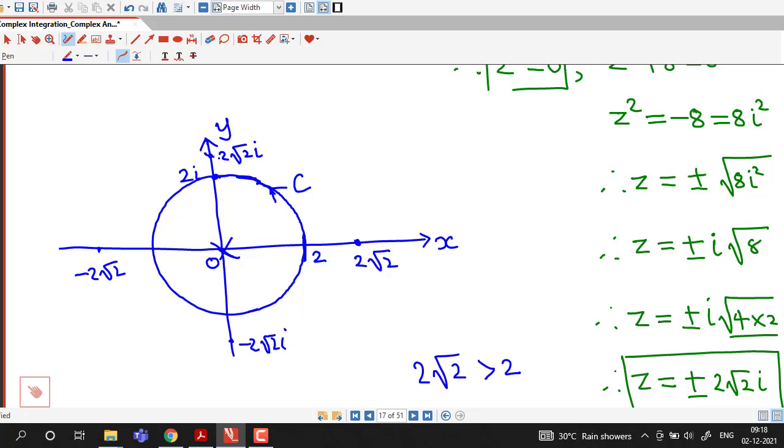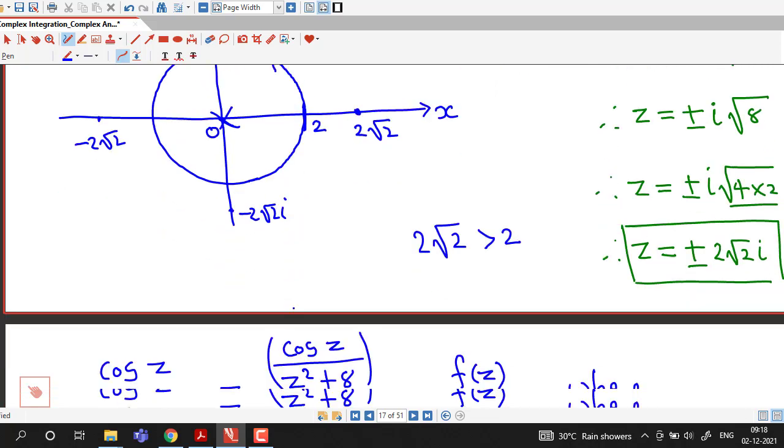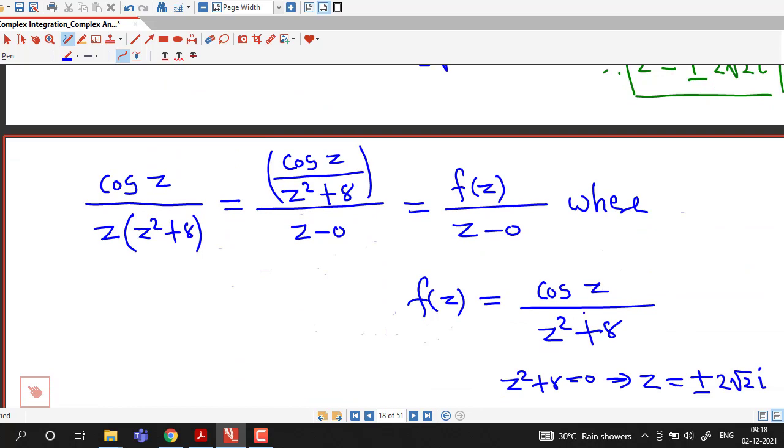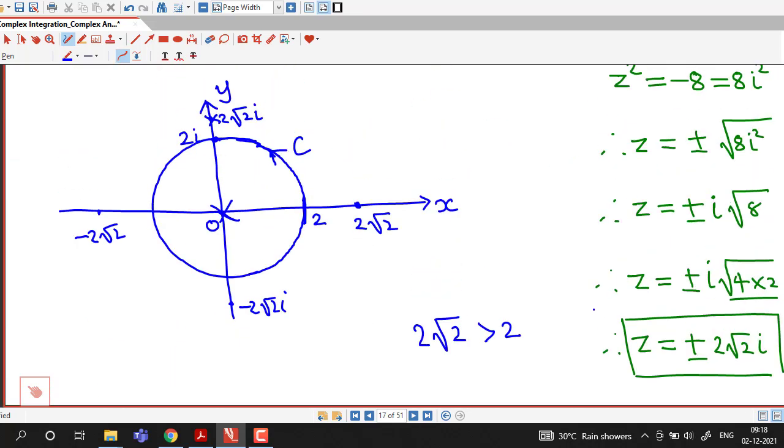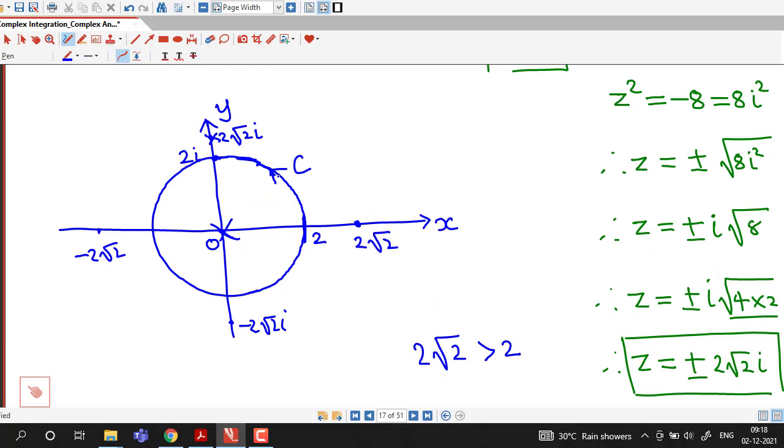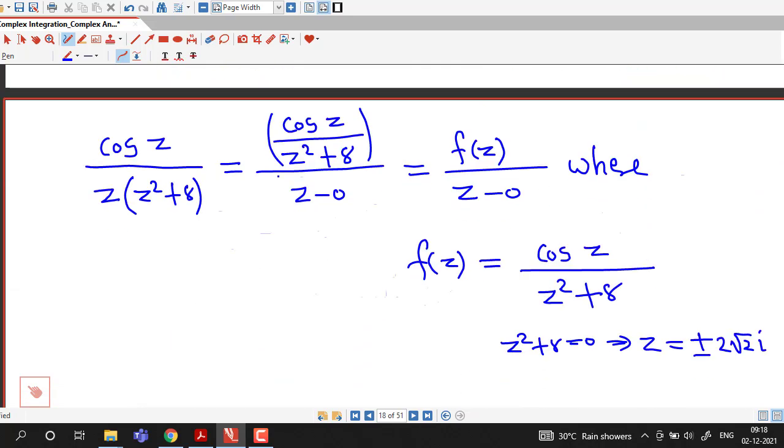So both these points where this function cos z over z square plus 8 is not analytic are outside this simple closed contour C, which is mod z equal to 2 here.